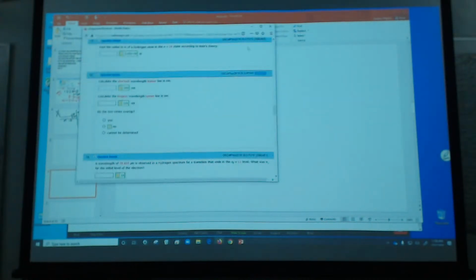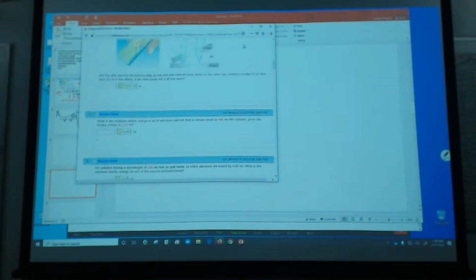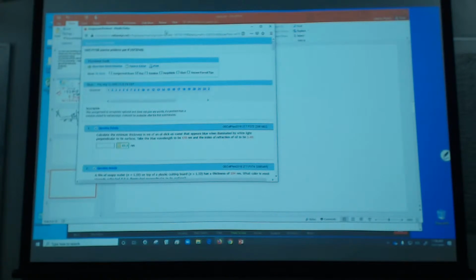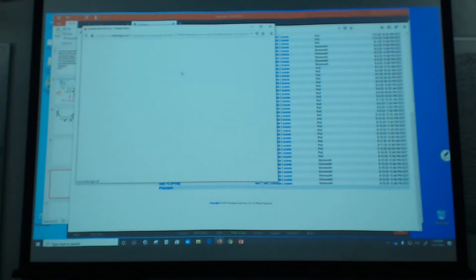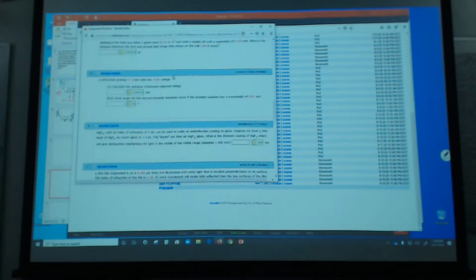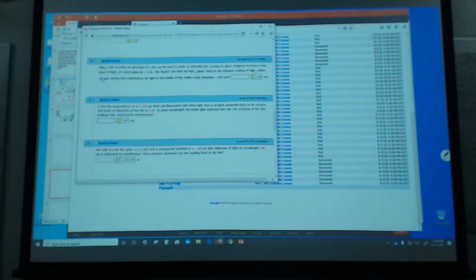I need, this is what? Part 3. Part 2. Problem 6. This is the index of refraction. Okay, thin film. Yep.